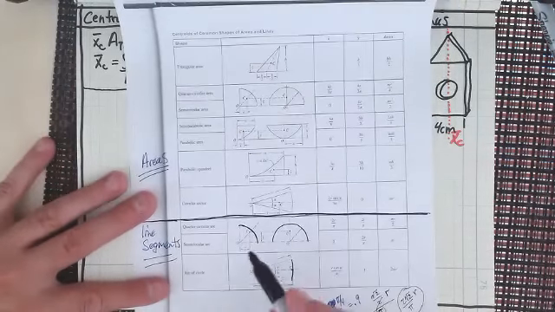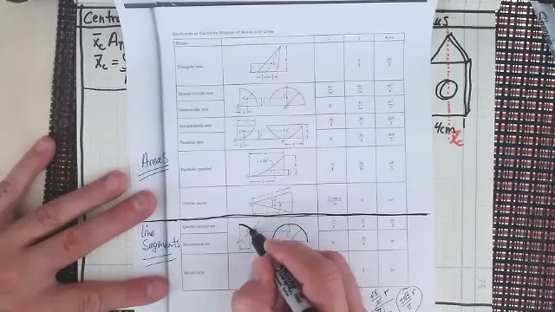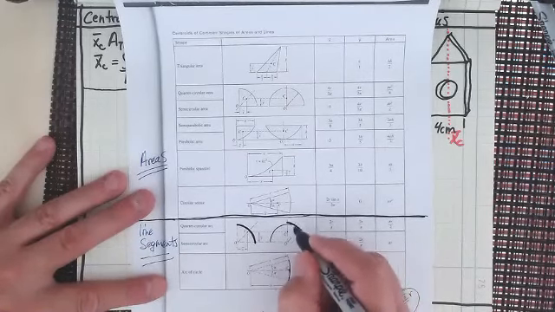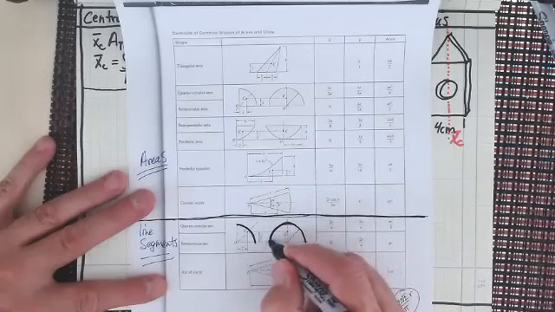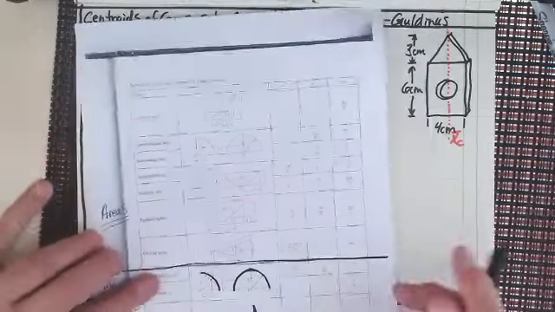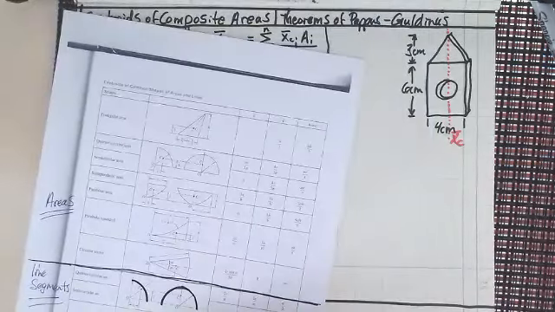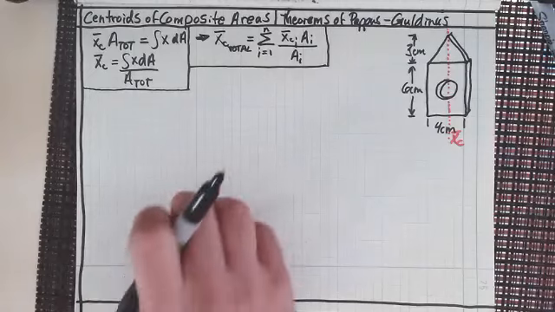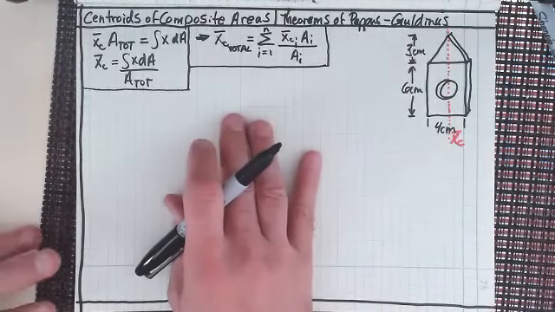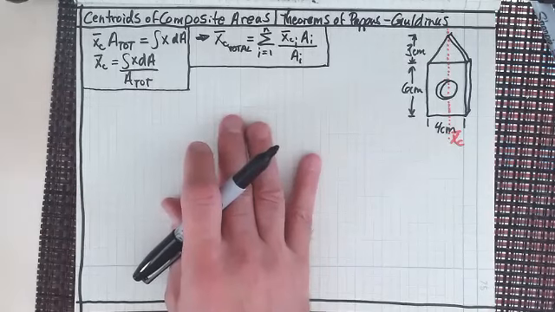The centroids of line segments are different than the centroids of areas because you're basically placing all of the emphasis on just the line, just this. I'll talk more about that in a little while. And of course, centroids of line segments are different than centroids of cross-sectional areas.